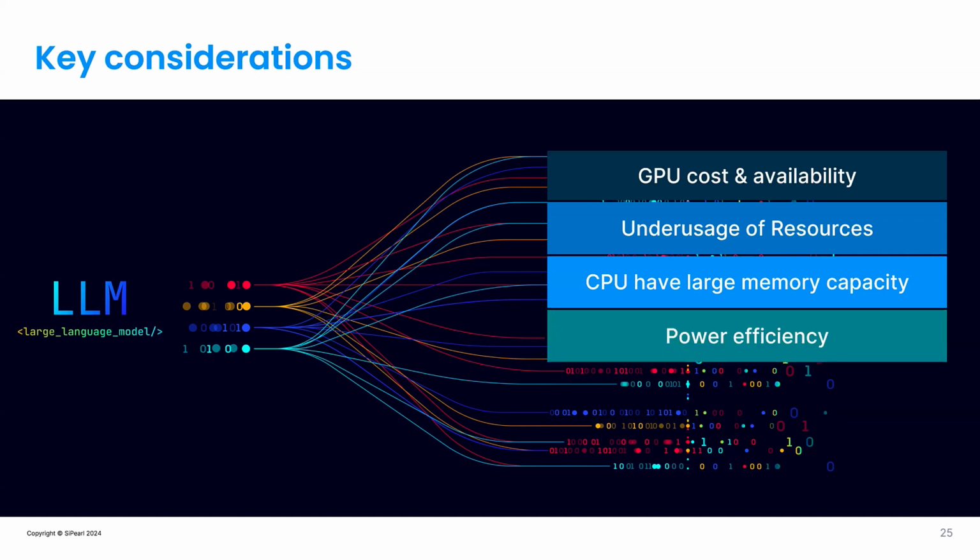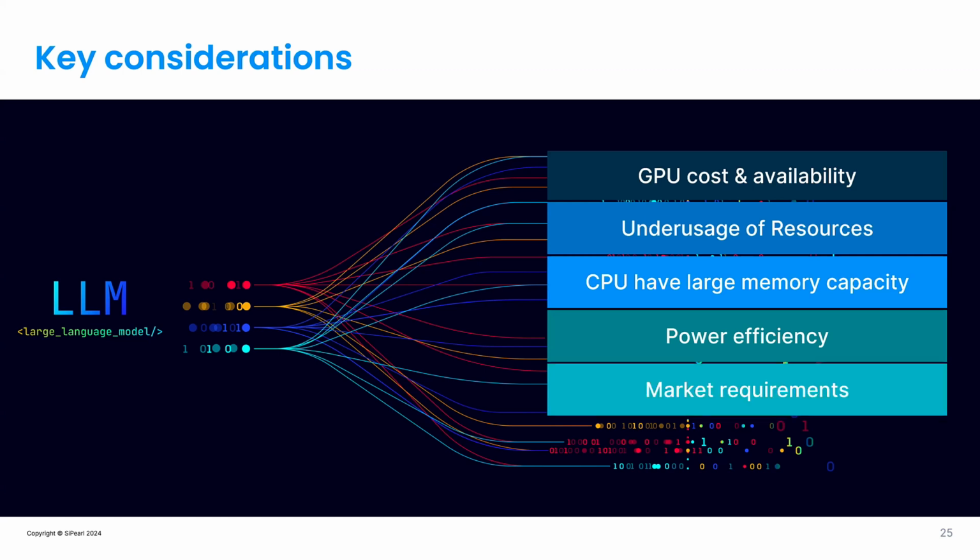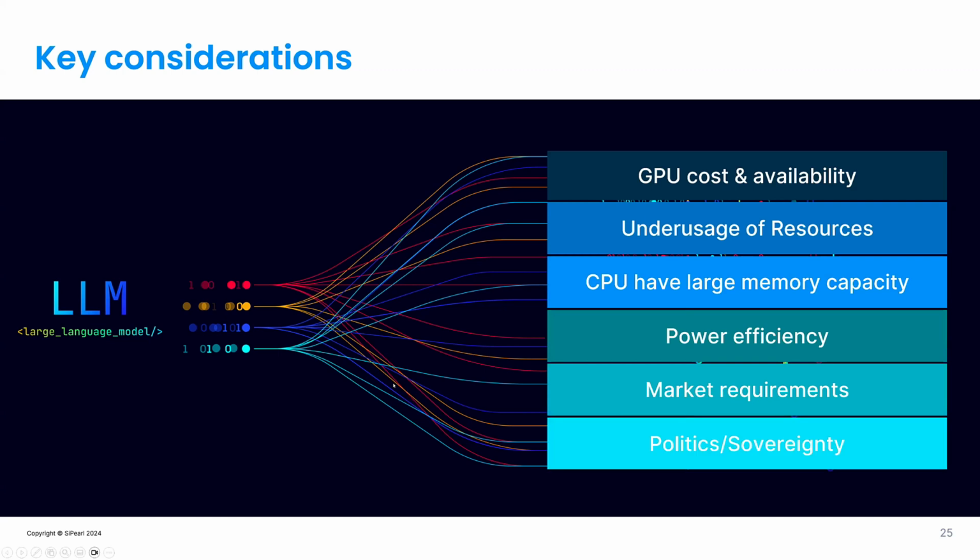In terms of power efficiency, I would say that the CPU is usually more flexible in operation compared to the GPU and the market requirement, which is also interesting. Sometimes we don't need something faster than what people can read, which means that a CPU could be good enough for certain applications.